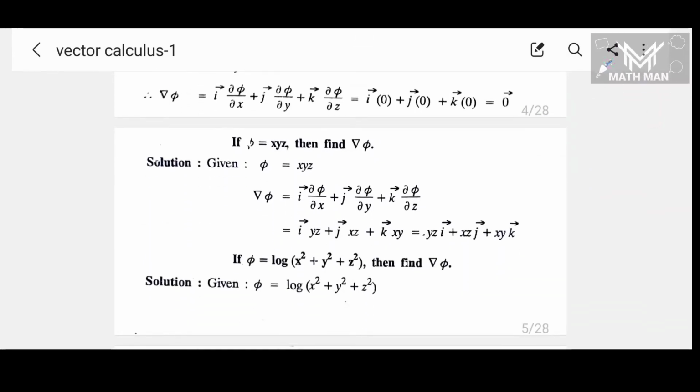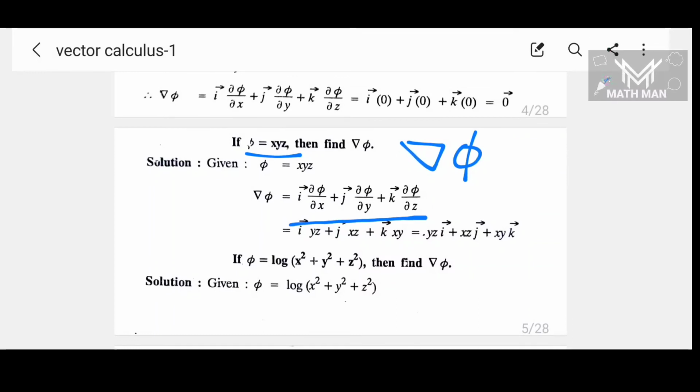Here it is given that phi equals x y z. Then find del of phi. We know that del of phi equals i dou by dou x plus j dou by dou y plus k dou by dou z of phi.